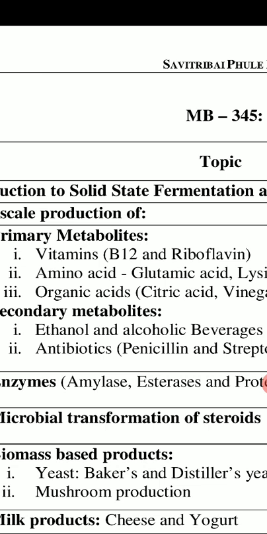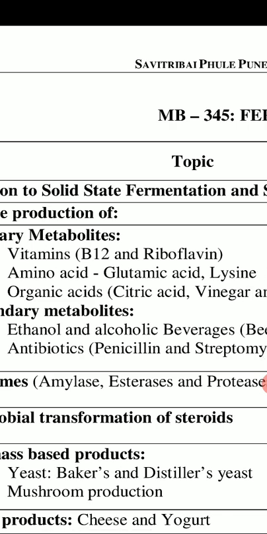In this topic we are going to study the production of two types of vitamins: one is vitamin B12 and the second is riboflavin. What are their structures, what are their functions, and how these vitamins are produced at industrial level, we will study in detail in our further lectures.